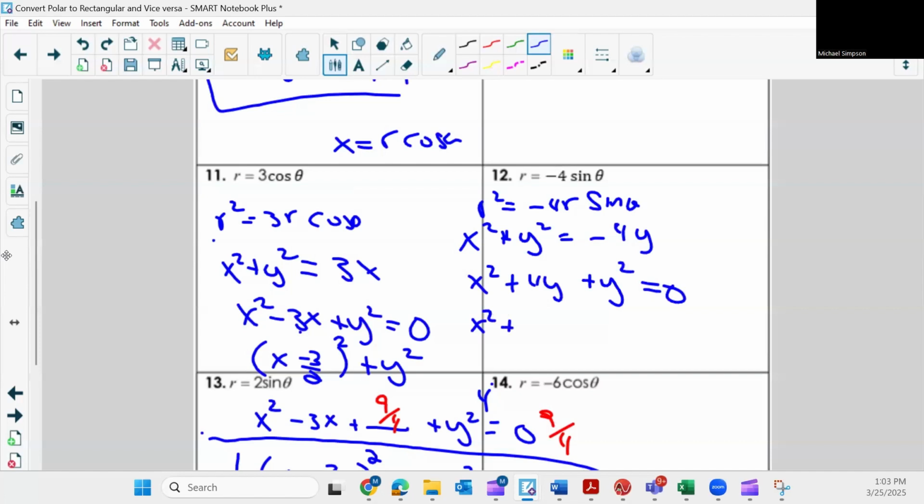It's going to be x squared plus 4y, if you want to put a little blank there, plus blank, plus y squared is equal to 0. We divided 4 by 2. It's a plus sign, so I know I'm going to have an x. Divided 4 by 2 gives me a plus 2 right there.